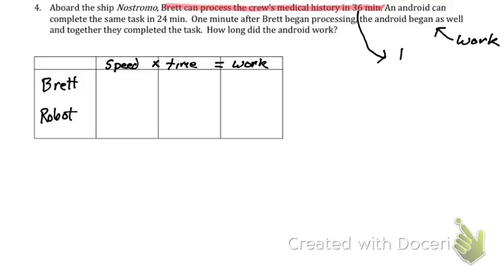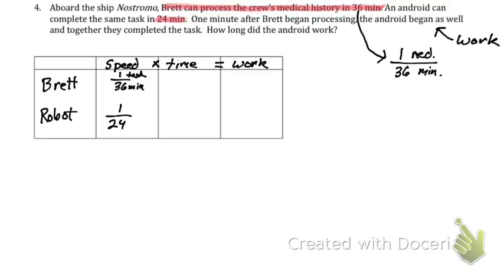So in other words, one of those medical histories per 36 minutes. That's what that statement says. You have to create this fraction. So in the speed, he can do one task per 36 minutes. And the android, likewise, can do the same task in 24 minutes. The android is going to be 1 over 24.